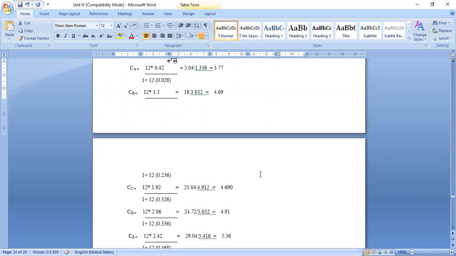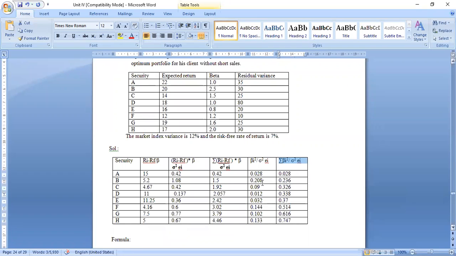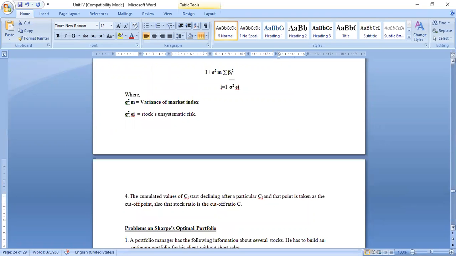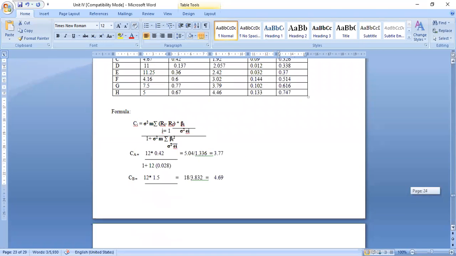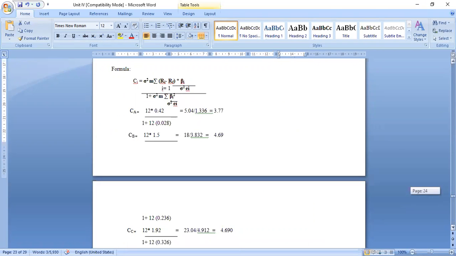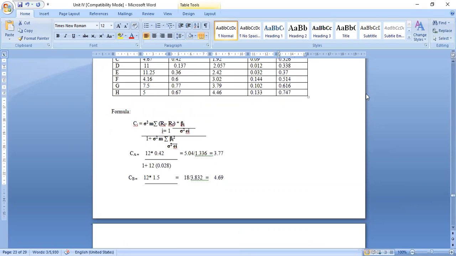Okay. Now we are going to calculate it for security C. 12 into 1.92, we are going to extract the value from the table here, 1.92 divided by 1 plus 12 into 0.36.